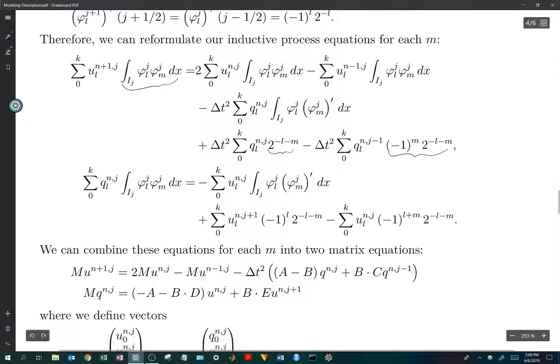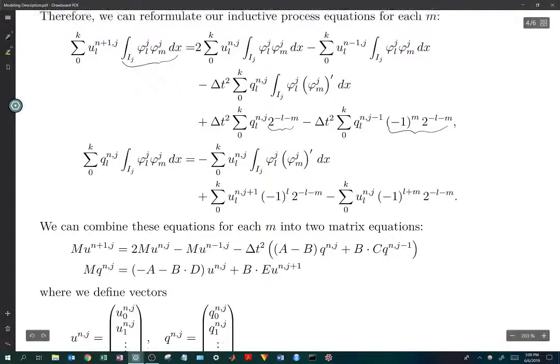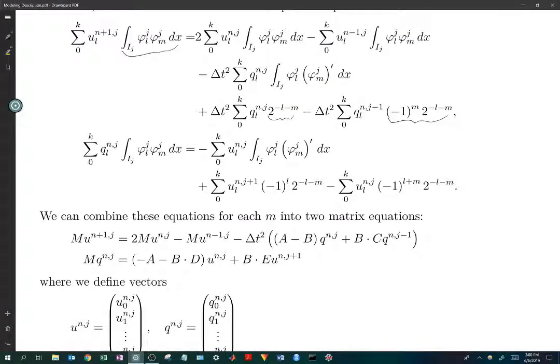Okay, so now we're really close to our actual linear equations. For each particular ij, we can actually write it out. For example, if we look at the sum from 0 to k of u_l^{n+1,j} times the integral over ij of phi_lj phi_mj dx, for each particular m, we want this to hold for m equals 0 through k.